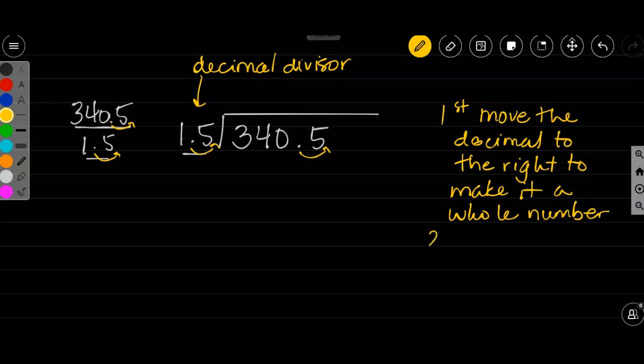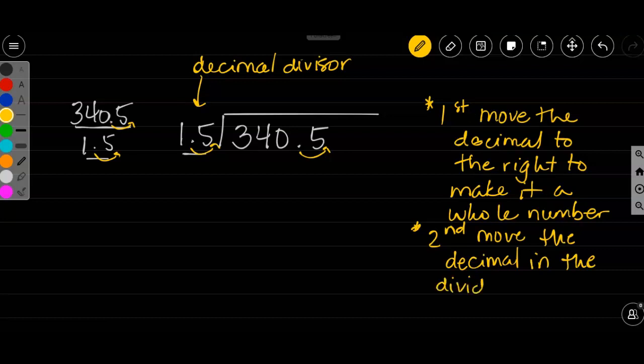So the second thing you would do is move the decimal in the dividend the same number of times.